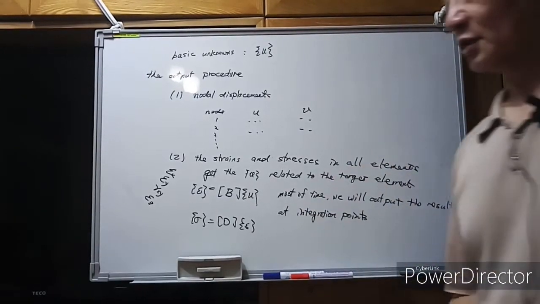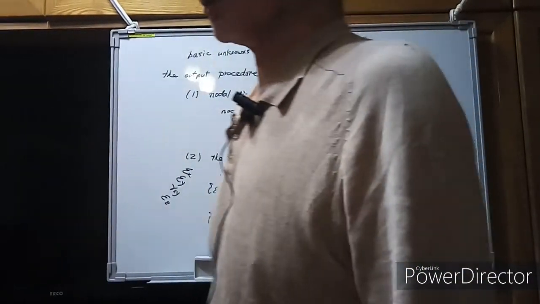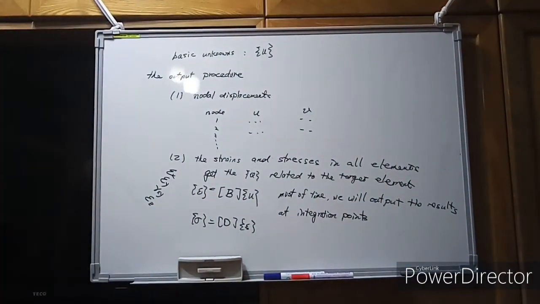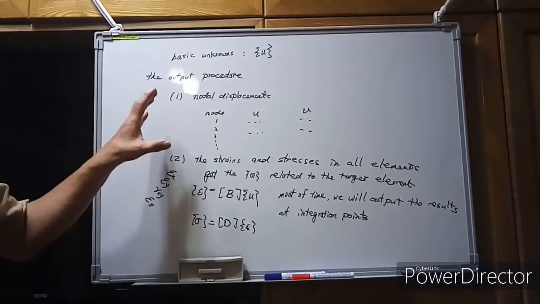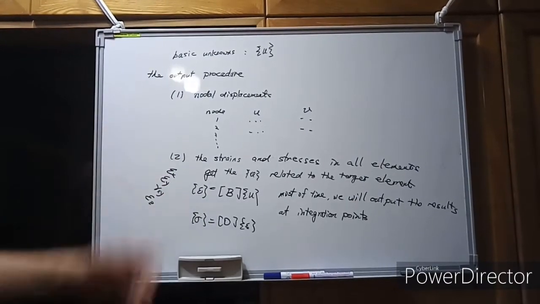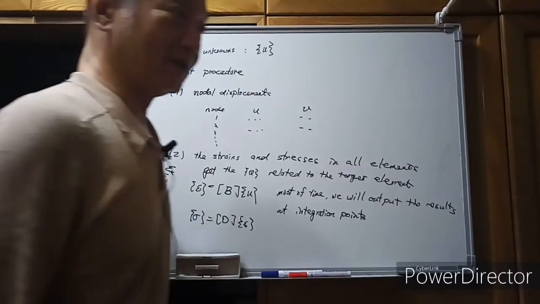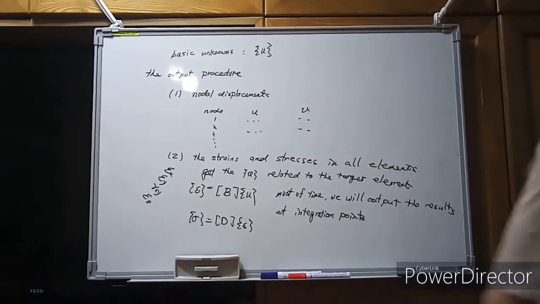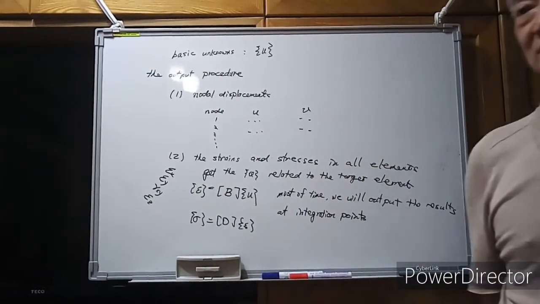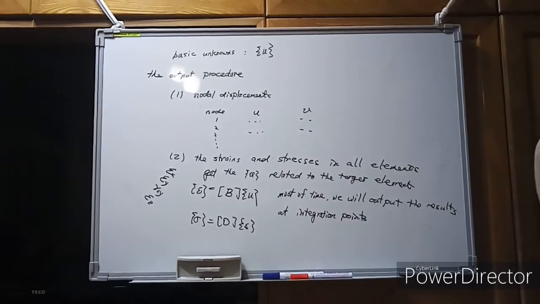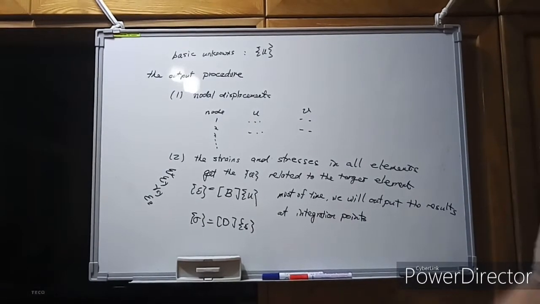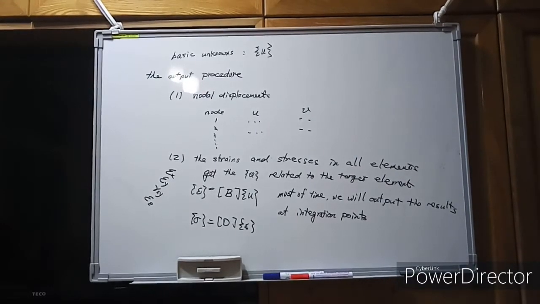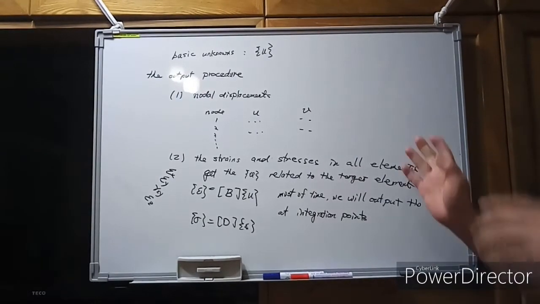If you like, you can also calculate the reactions at the supports. But for the finite element method, usually the reactions are not so important for the program user. Okay, so that's the results we need to output and print on the screen.